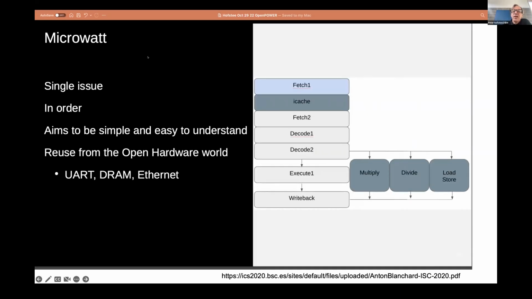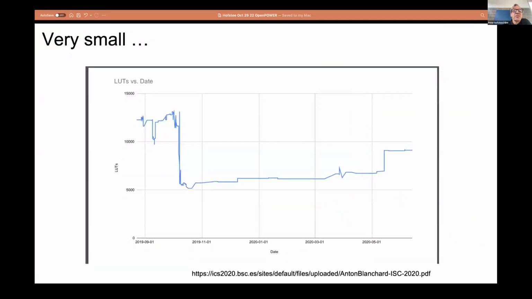So it's a single issue pipeline that's maybe a little bit deeper than the simplest RISC pipeline that you might find in a Hennessy Patterson architecture book. There are a few extra stages in there to make the frequency a bit higher. But basically it's a standard pipeline, and it's very, very small.